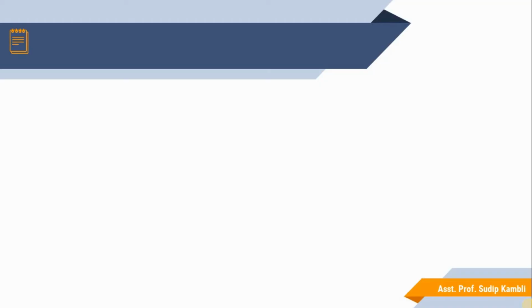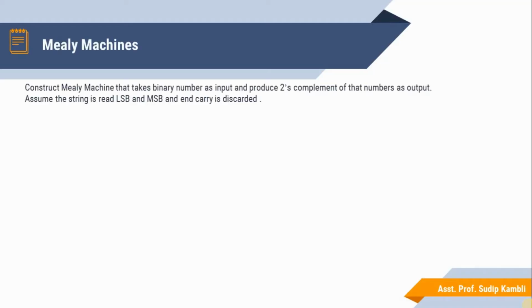In a Mealy machine, construct a Mealy machine that takes a binary number as input and produces the 2's complement of that number as output. Assume the string is read from the least significant bit to the most significant bit, LSB to MSB, and the end carry is discarded.